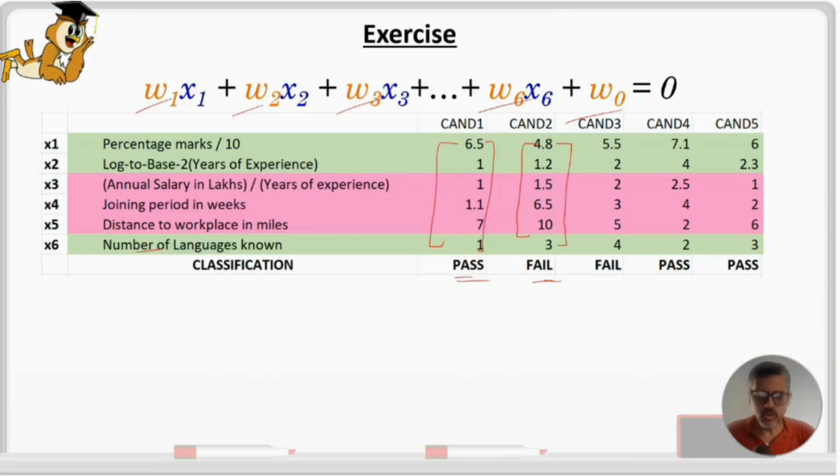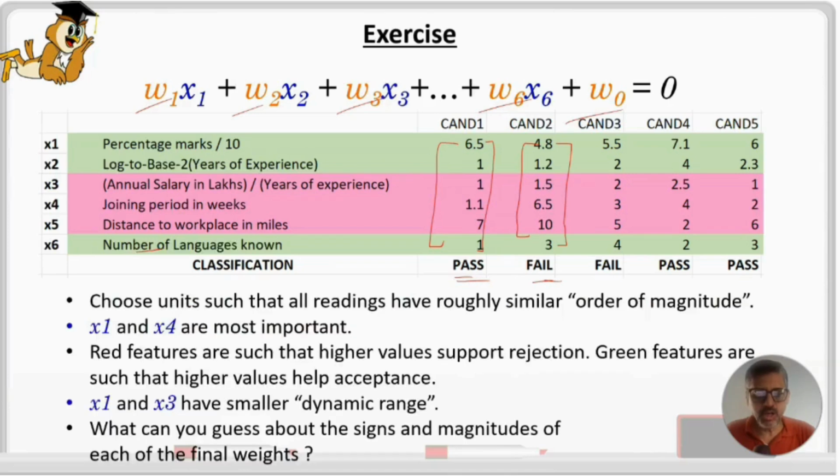Here is what I want you to do. I want you to generate some data. First, generate some data which broadly satisfies the following. So choose units. These will have numerical values. As you can see, these feature variables will have numerical values. I want you to choose units.